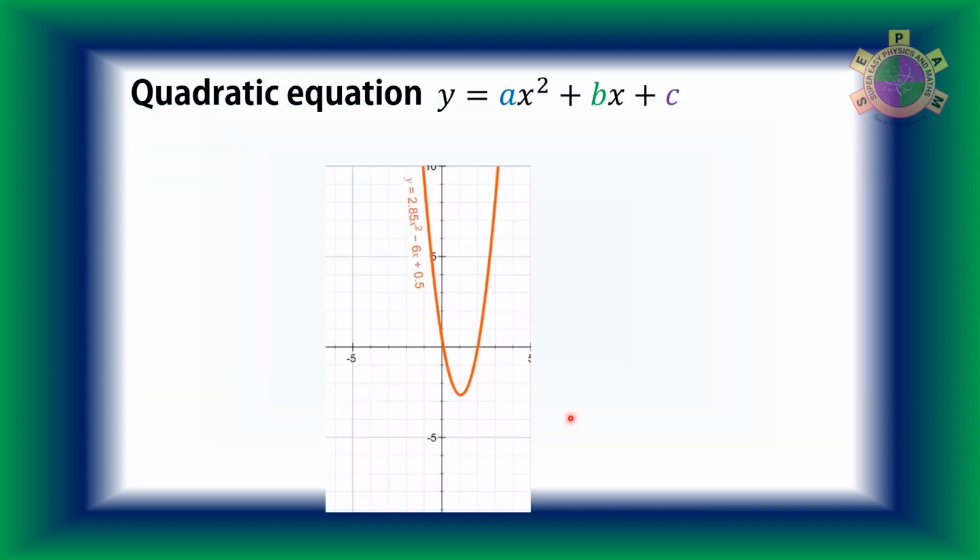So a quadratic equation always takes the form y equals ax squared plus bx plus c. So we want to see how the a value, the b value and the c value affect the nature of the curve.